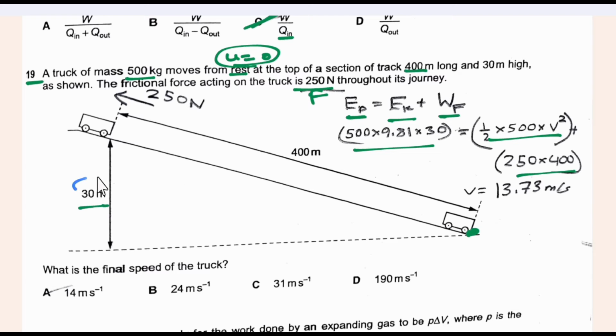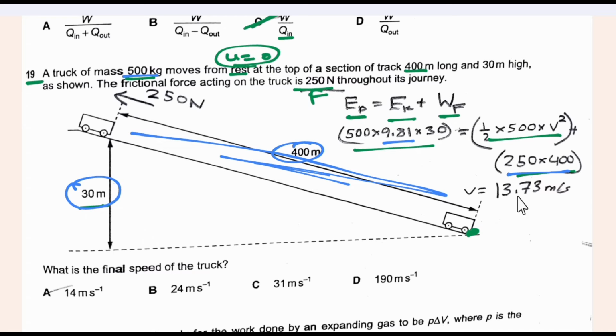For gravitational potential energy, we know the height, the mass, and the gravitational field strength is 9.81, and it equals half mv squared plus work done by friction. Work done by friction is force times the distance moved in the direction of the force, which is the total distance, 400 meters. So we get the velocity as 13.73.